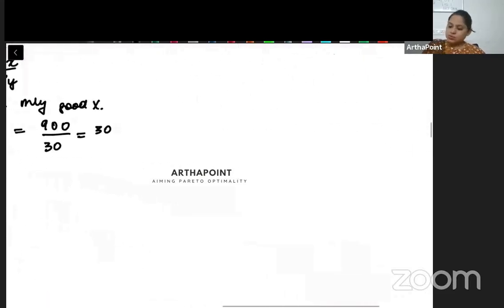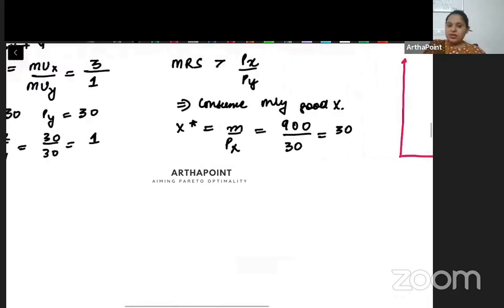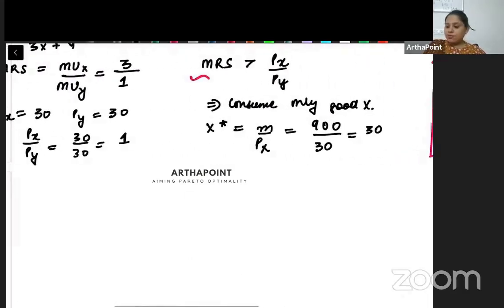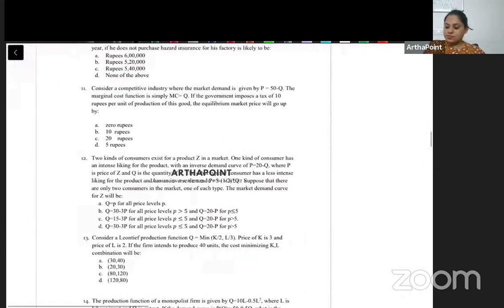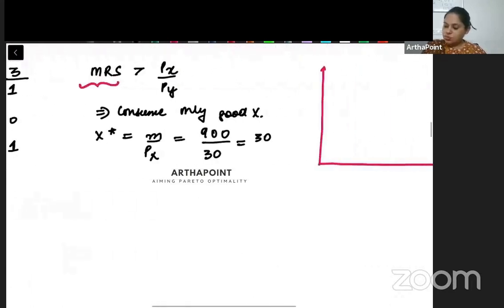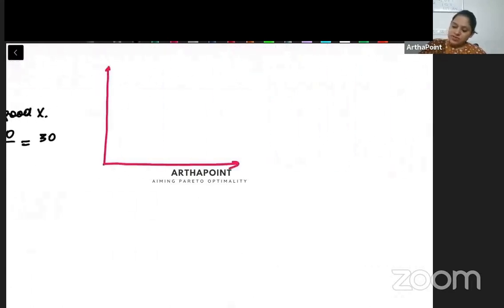Let's plot this also. Something like this has happened. The slope of IC is more than the slope of the budget line. So if this is my budget line, the slope of IC is more.